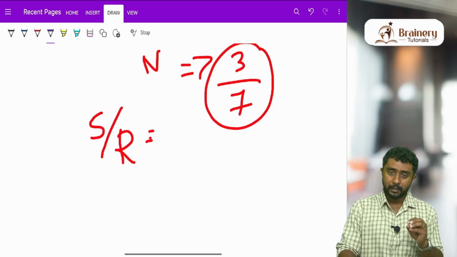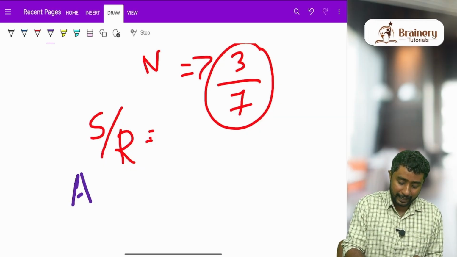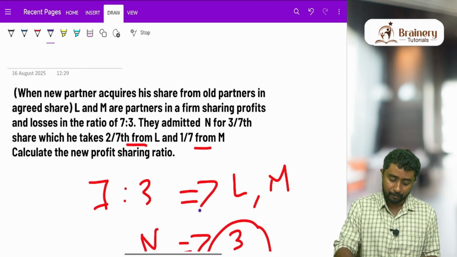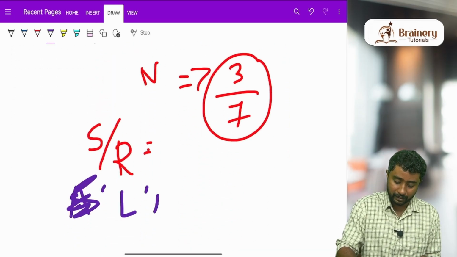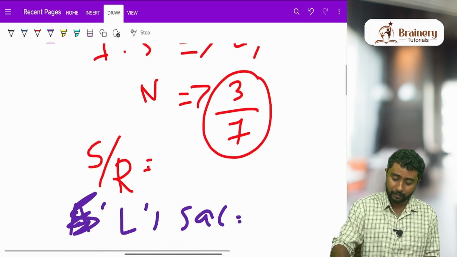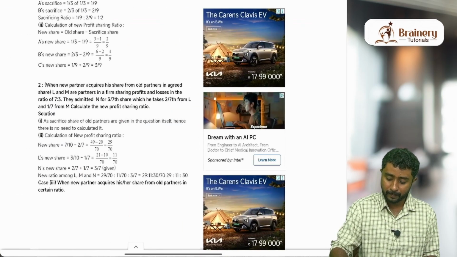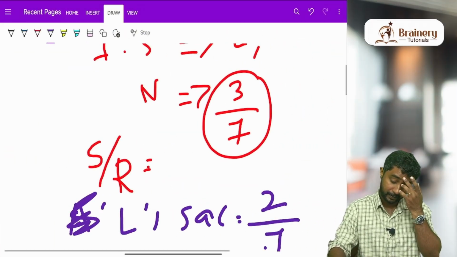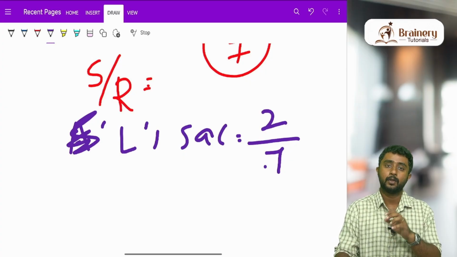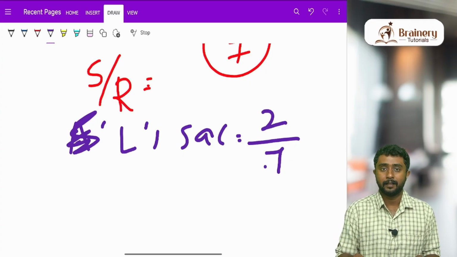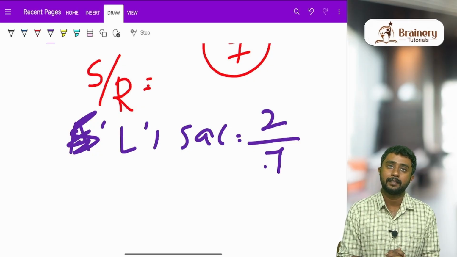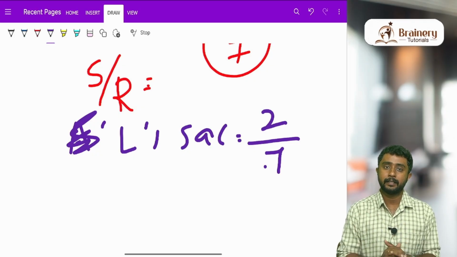Similar to that, here A is not a partner. Who are the partners? L, M and N. It is given in the question: L is sacrificing how much? 2/7 from L. 2 out of 7 shares are given by L to N. That means L's sacrifice is exactly 2/7.